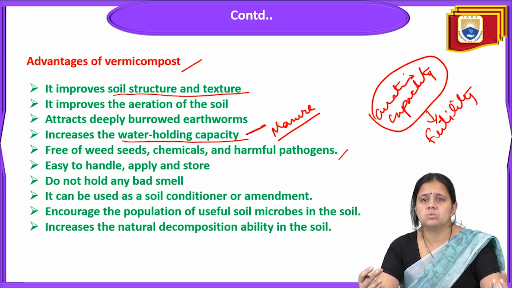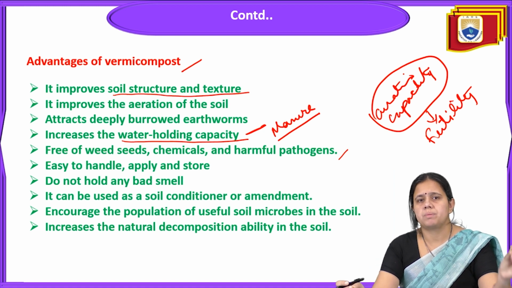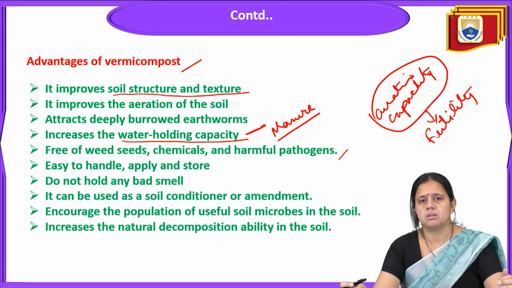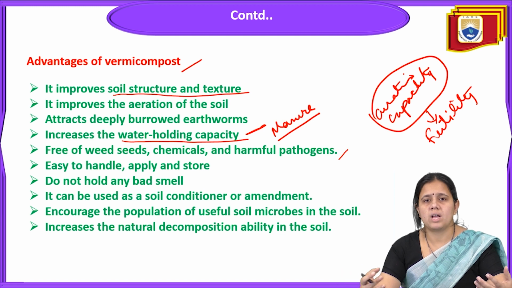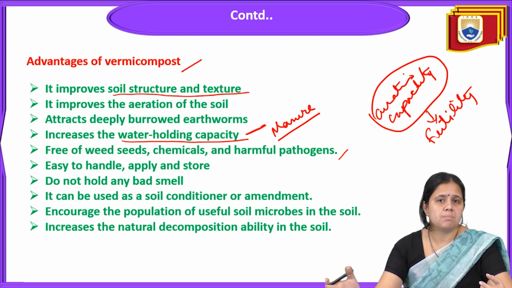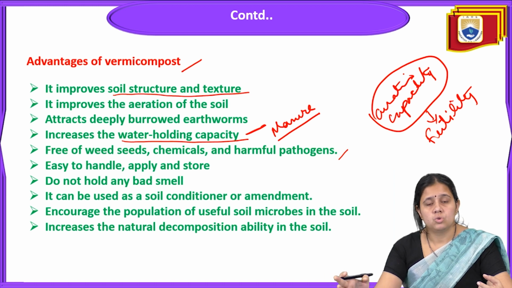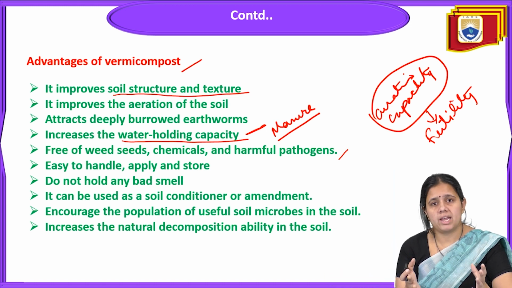Also it can be used as a soil conditioner, or sometimes as an amendment to soil which is not good. Like some industrial soil, soil that is present in the vicinity of an industry, like soil in the vicinity of a thermal power plant. So in that soil some fly ash will be added. What will we do with that soil?